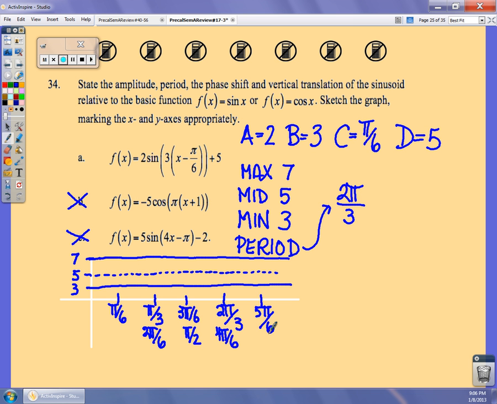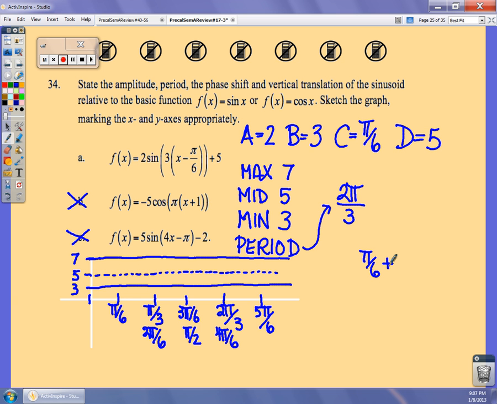Now remember, our period is 2 pi over 3. But we have a phase shift to the right of a positive pi over 6. So we're going to start with pi over 6.